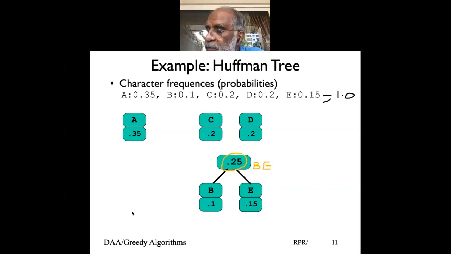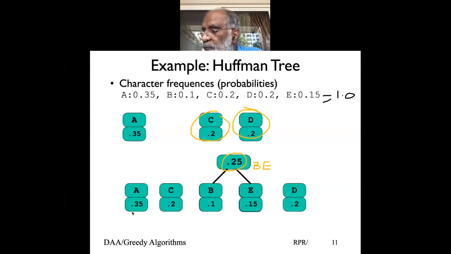The 2 trees with the lowest weight are C and D. So I'll combine them into another tree, and the weight of the new tree would be 0.4.